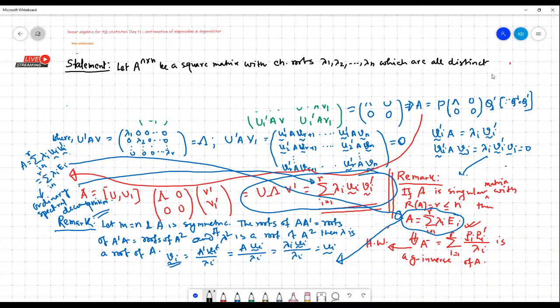Then we can express A as A equal to the sum over I from 1 to n of lambda I di xi curl yi curl prime.